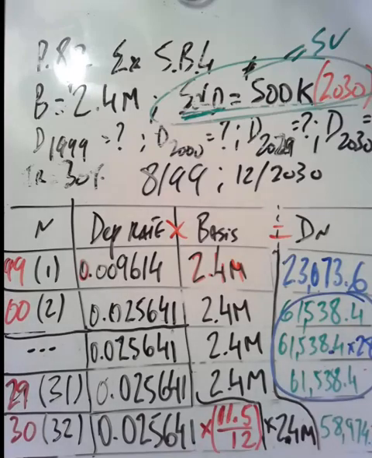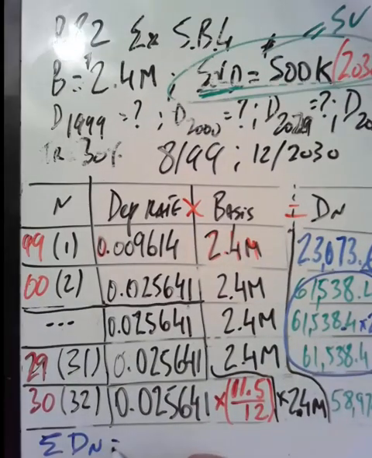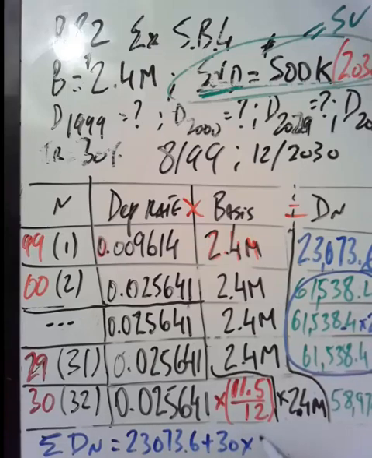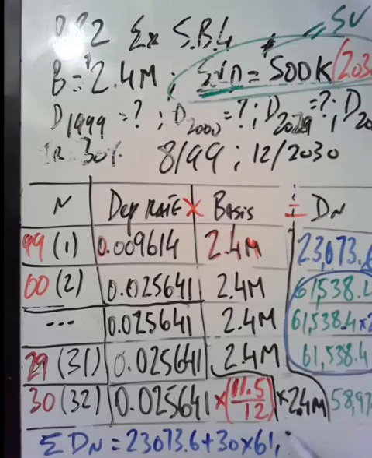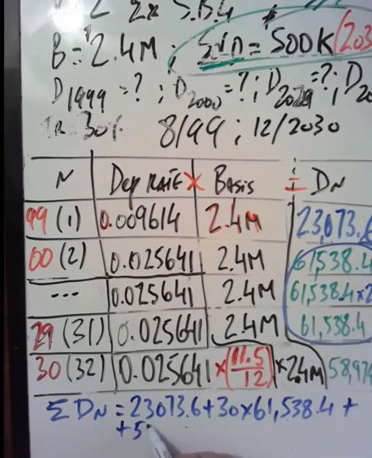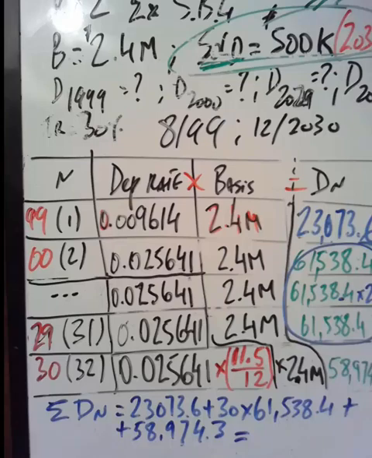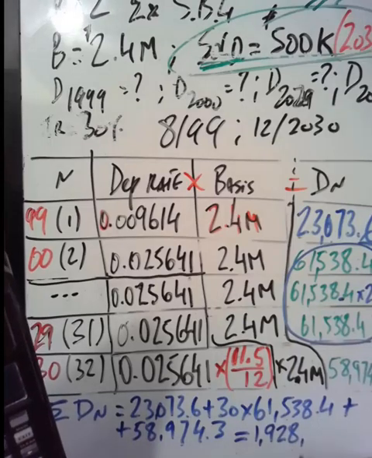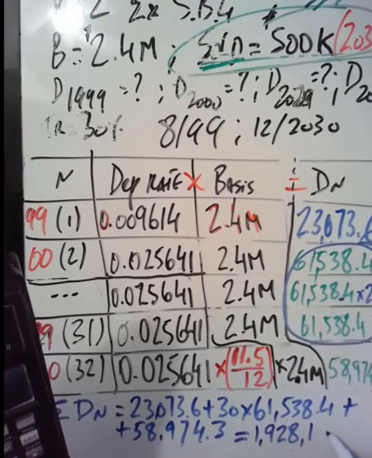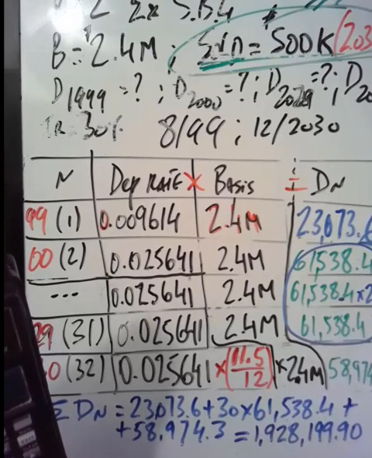In total, 30 years at $61,538.40. So the total depreciation recorded in the books was the $23,073.6 plus 30 years at $61,538.40 plus the $58,974.30 for a grand total of $1,928,199.90.